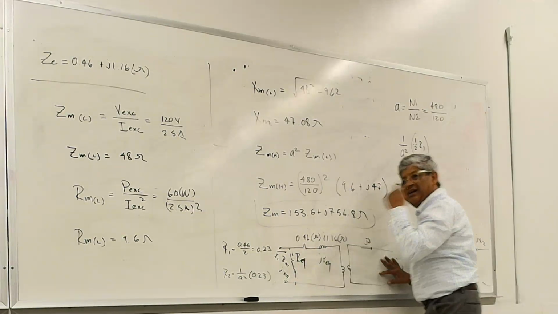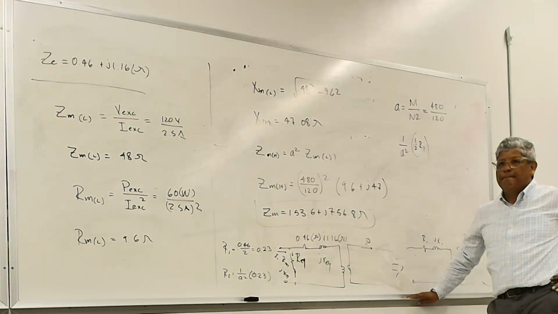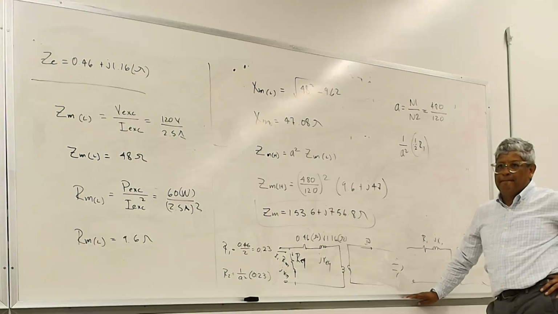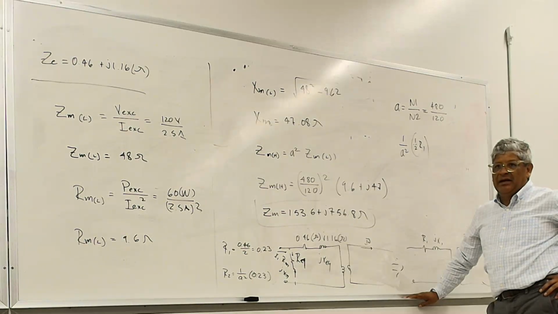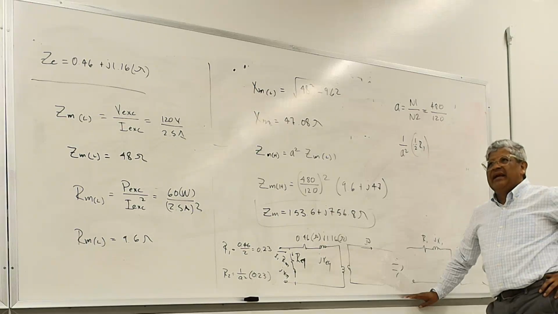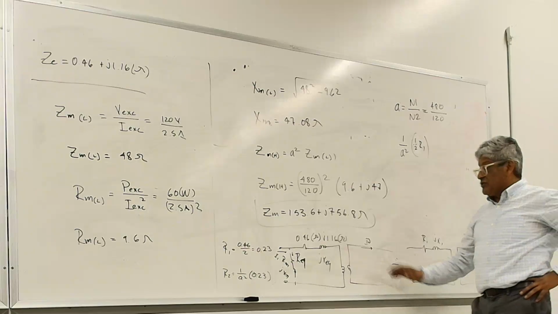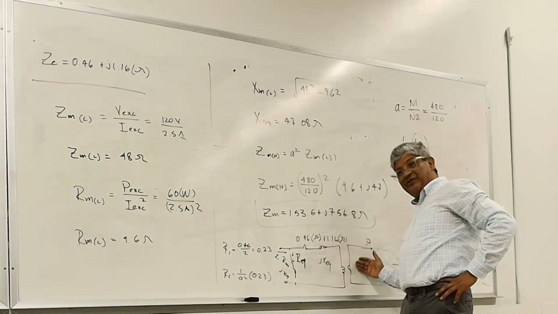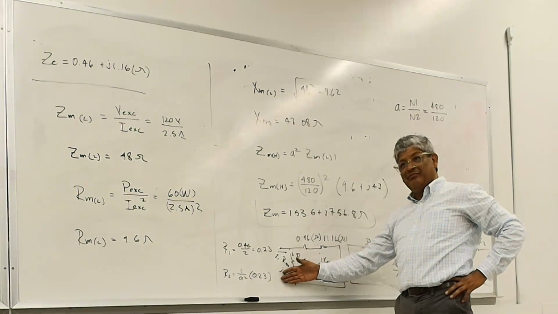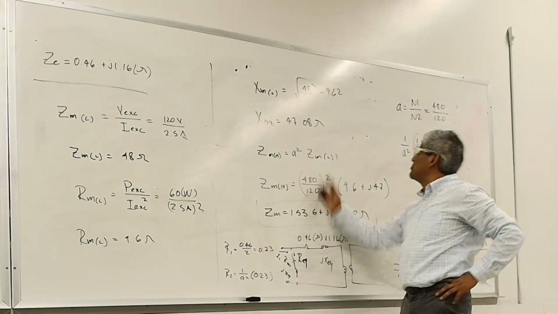The excitation test is always on the low side. It doesn't matter, you can transfer. Remember I transferred from the low side to the high side by multiplying by a squared, the turns ratio.